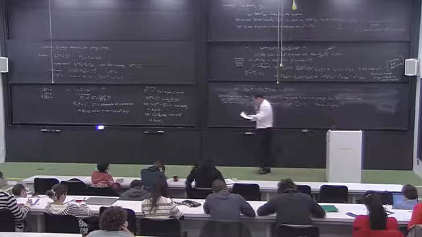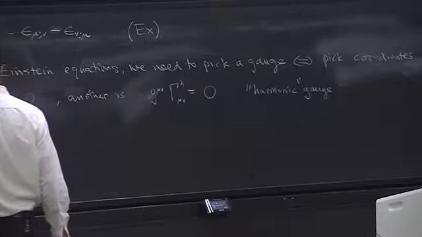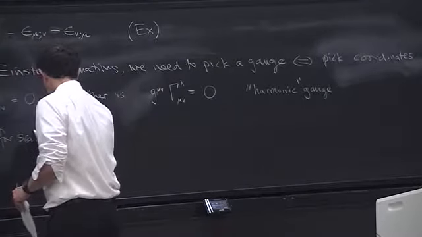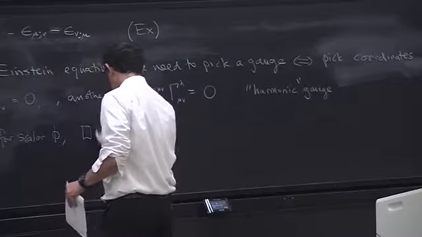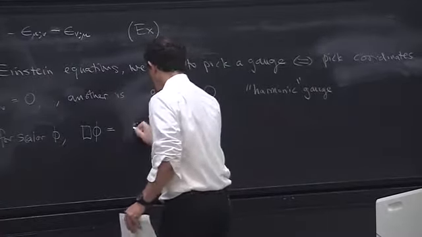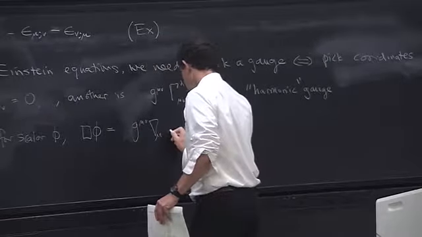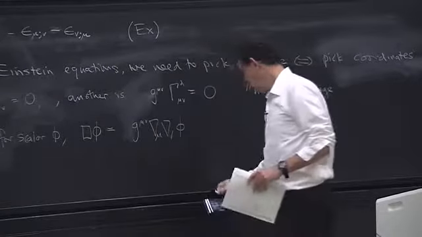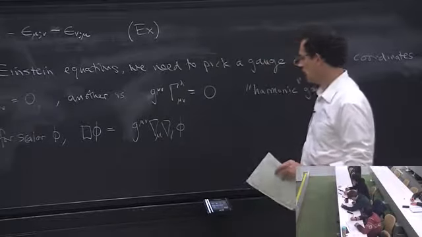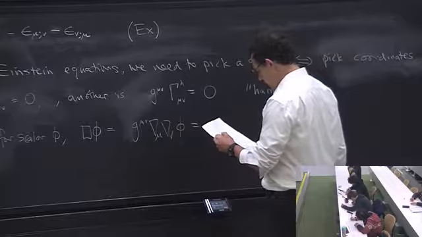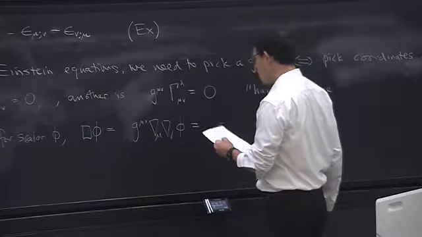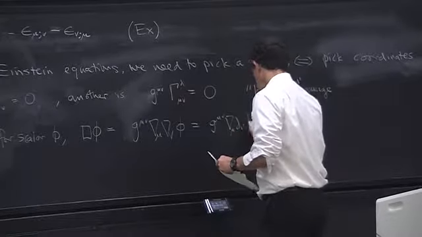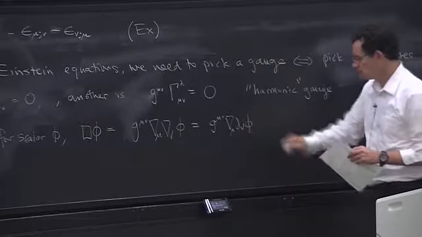And the reason it's called harmonic gauge is that if I have a scalar phi, then box phi, and by box I mean the 4-dimensional covariant version of box, so it means 2 derivatives contracted, can be written as g mu nu d mu d nu phi, the covariant derivative on scalars, because the first derivative doesn't have a connection.